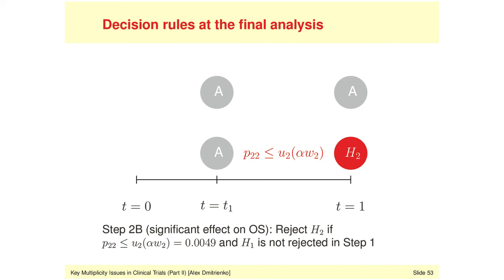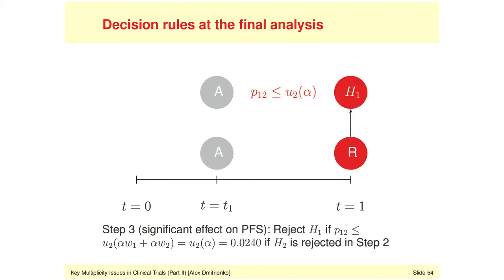In this case, we can still, of course, test the hypothesis H2 for overall survival, but the price we'll have to pay for failing to reject H1 in the first step is that when we compute the adjusted significance level, it will be computed based on the reduced significance level that is used in the Holm testing algorithm. The resulting threshold is equal to 0.0049, and that is the threshold that will be used in the decision rule for rejecting H2.